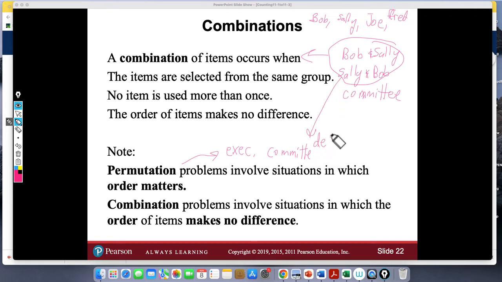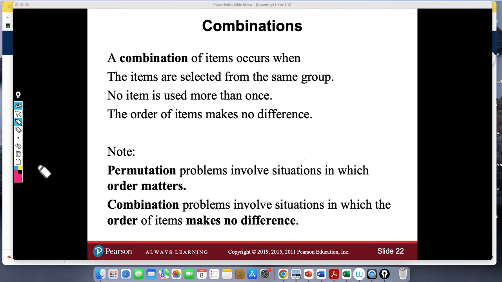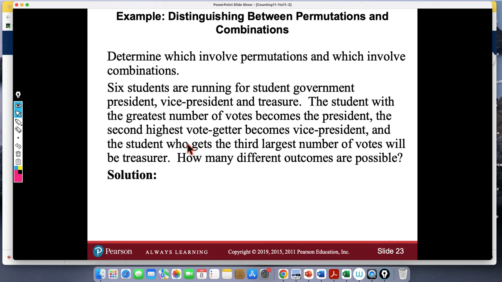These are different, so we would count that as 2 items instead of just 1. The way we tell the difference, and this time we're not going to calculate them, we're just going to say whether it involves a permutation or a combination.